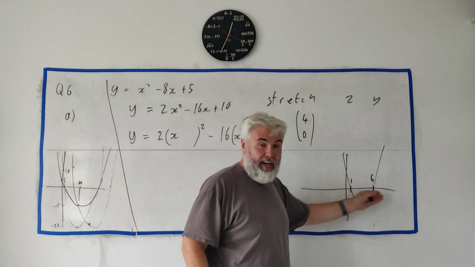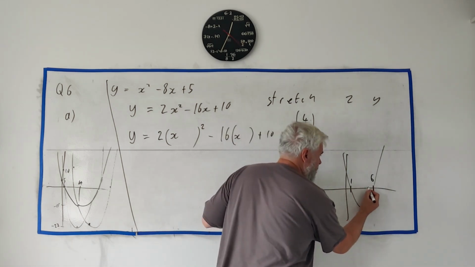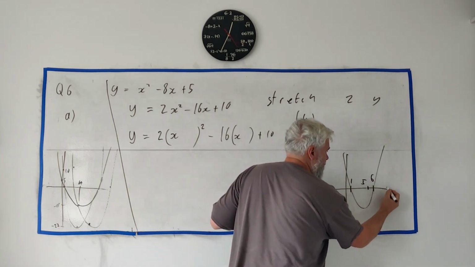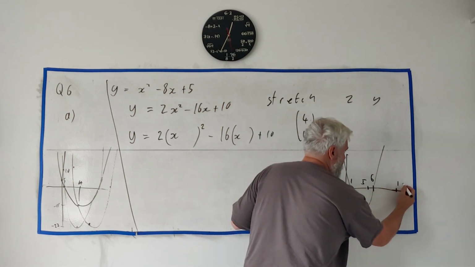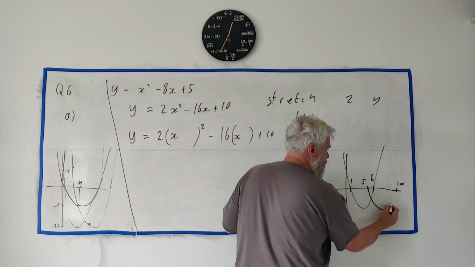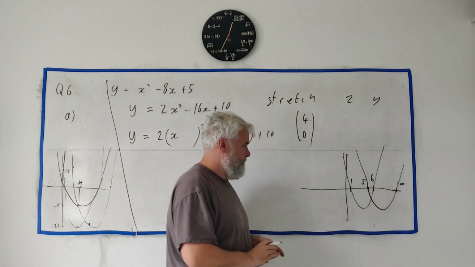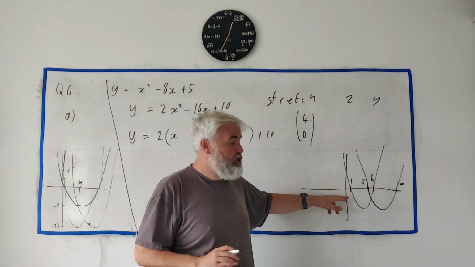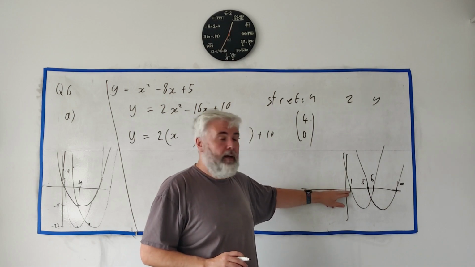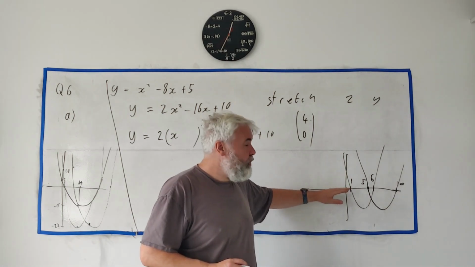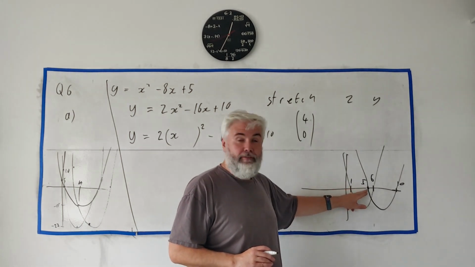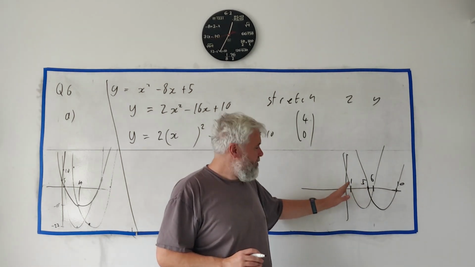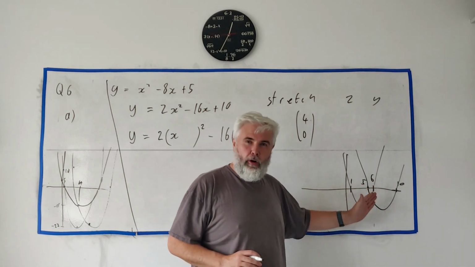If I translate everything to the right by 4, I would get 5 here and 10 over here, and I'd get this new function like that. My old function, when I put 1 in it, I expect a 0 out. The new function, nothing changes except that when I put a 5 in, I want a 0 out, so that my expectation has moved 4.